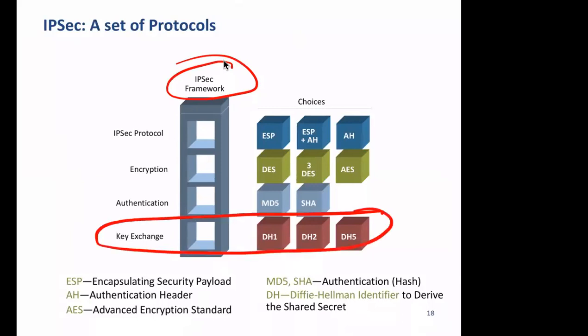For key exchange we use Diffie-Hellman, because once we use Diffie-Hellman, both ends can come out with a secret session key.